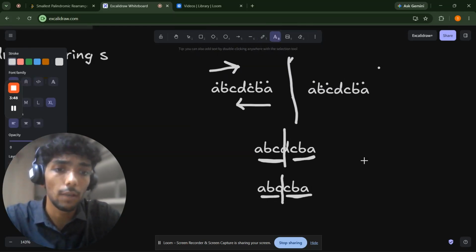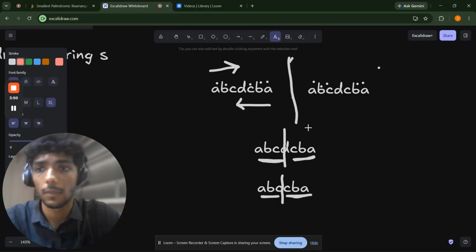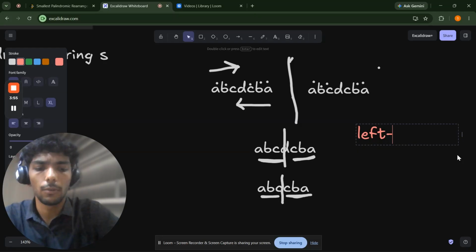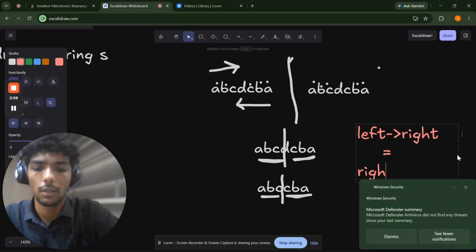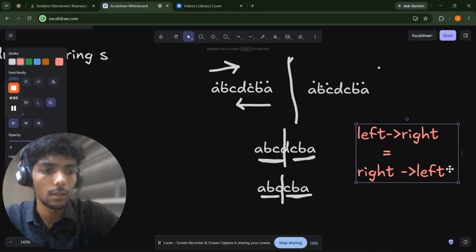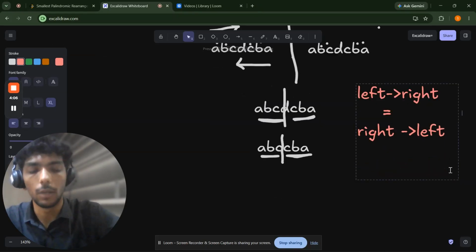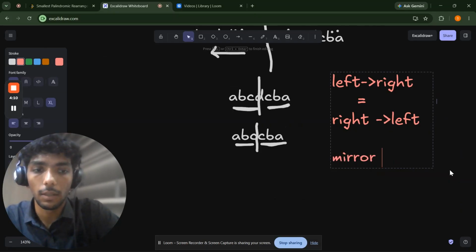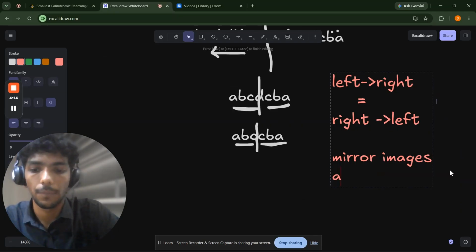So we have three conclusions. Conclusion number one: left to right is equal to right to left. Two: mirror images are equal.